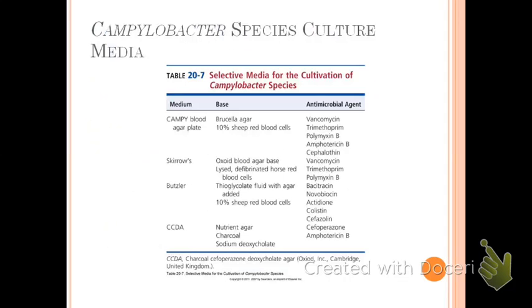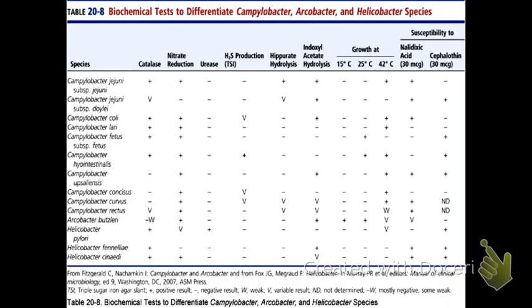So these would be the different antimicrobial agents that you could possibly add in the culture media for Campylobacter species to make the culture media selective. And of course, the different biochemical tests to differentiate species of Campylobacter, Arcobacter, and Helicobacter.